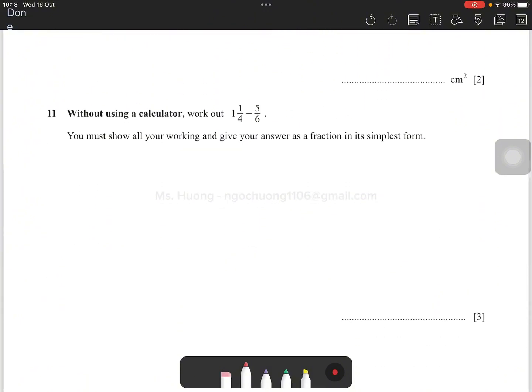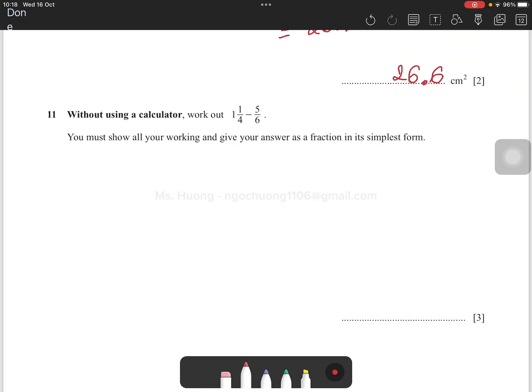Question 11. Without using a calculator, work out 1 1/4 minus 5/6. First of all, 1 1/4, we multiply 1 by 4 equals 4. 4 plus 1 equals 5. So this is 5/4 minus 5/6. And then the least common denominator of 4 and 6, the lowest common multiple of 4 and 6, is 12.